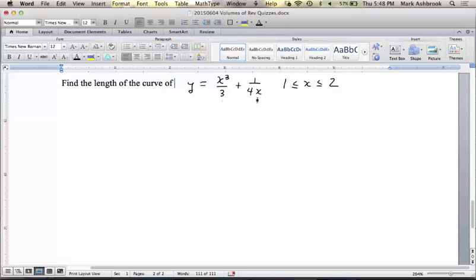So we've got some cubic curve here. Actually, cubic and 1 over x. And we're going to find the length from 1 to 2. Okay? So we're going to try to set up the integral. So you guys set up the integral. You can do better this time. What integral will give us the length of that curve?